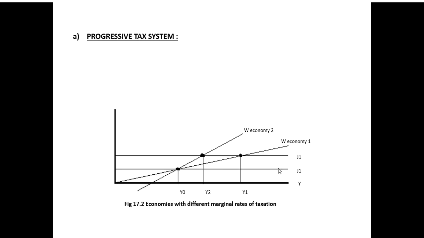Now, let's say that previously this was the level of injection. If this is the level of injection, look at this point. This is the point where the withdrawals or the taxes in economy one and economy two equal one another, and so does injection. So this is the point where all three are equal. Why are we equating all this? Because we want to assume a point from where all the incomes are equal.